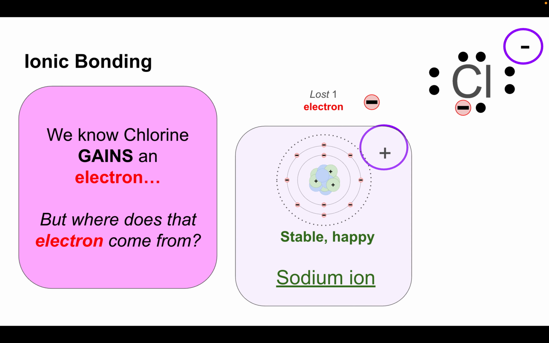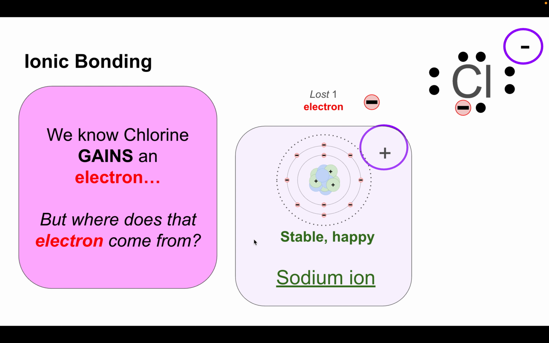All right, in our last video, we saw that chlorine has 7 valence electrons, really wants to get to 8 to satisfy that octet rule, and so it is going to gain 1 electron. But where does that electron come from?